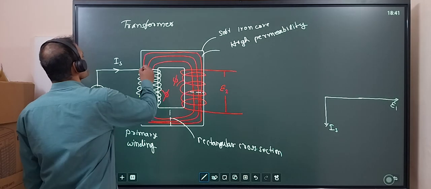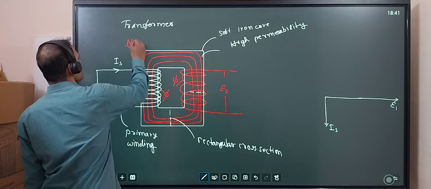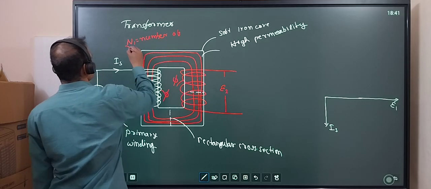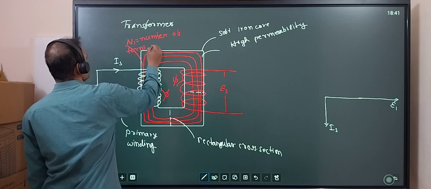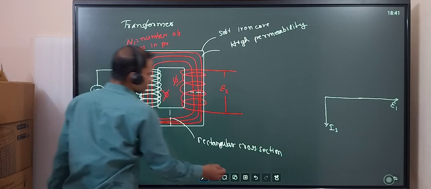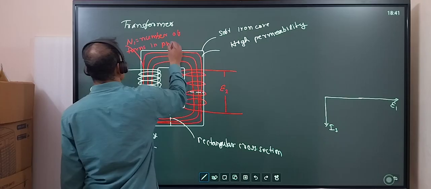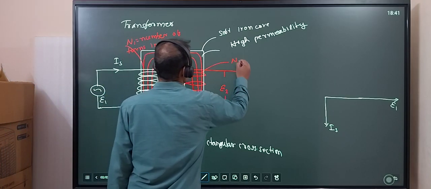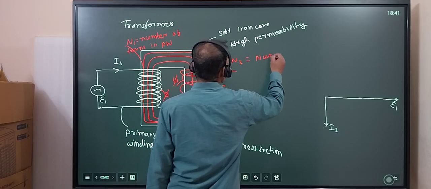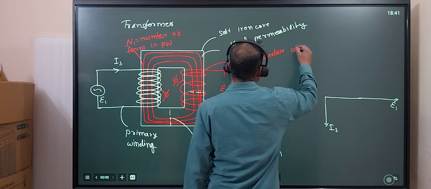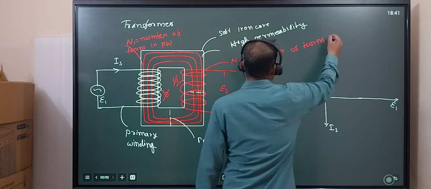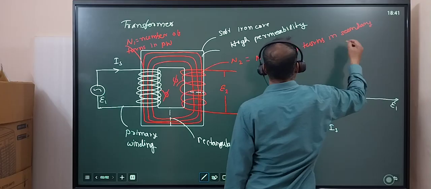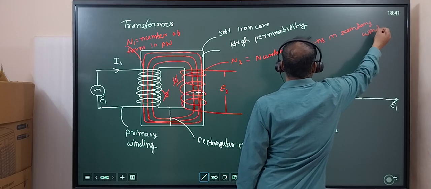N1 is the number of turns in the primary winding, PW, and N2 is the number of turns in the secondary winding.